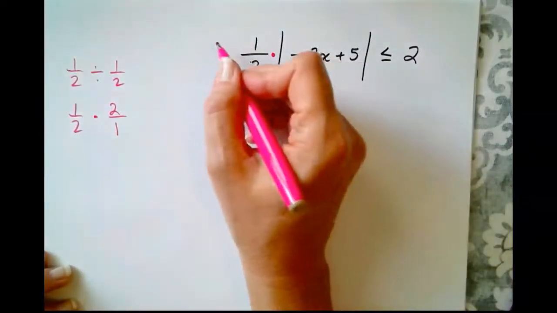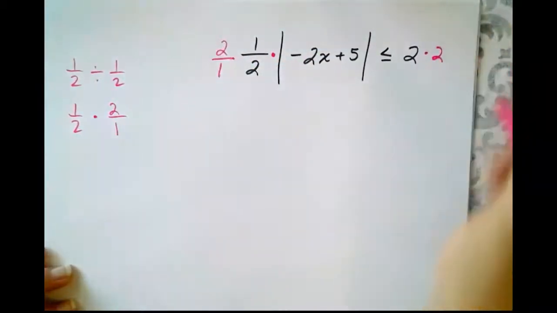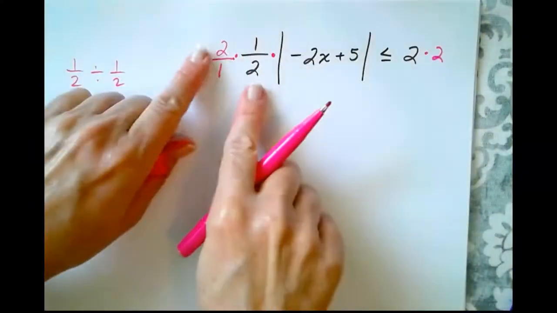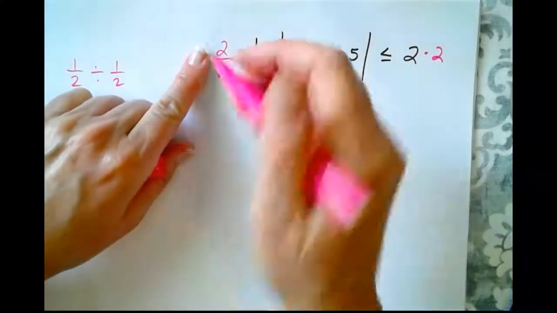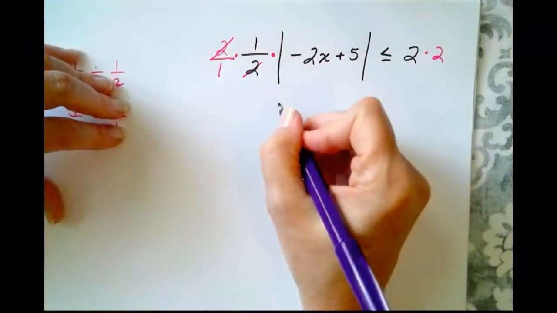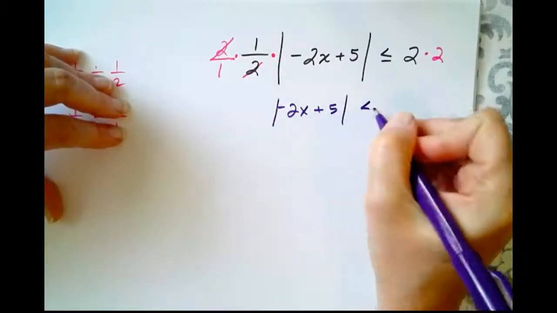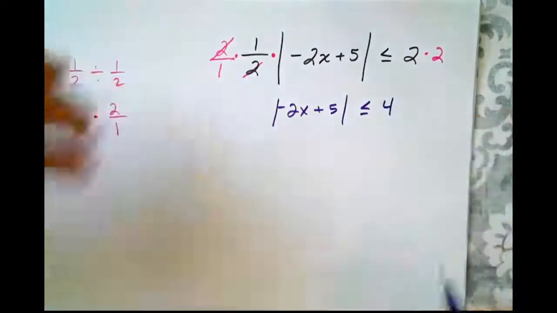So let's just save ourselves some time and multiply both sides by 2. When we multiply 2 over 1 times 1 over 2, the 2's cancel and we're left with 1. Why? Because they're reciprocals. So there's our step 1. We have isolated the absolute value bars.